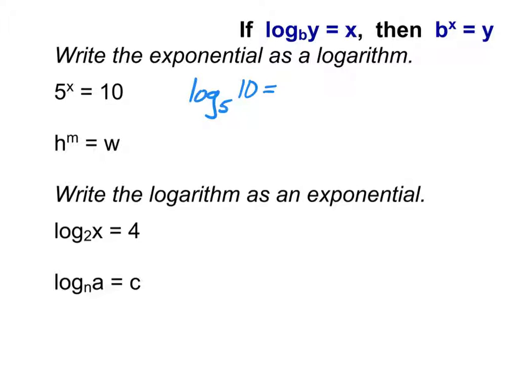So I put in the equals, and then it equals x. So log always equals the exponent. Kind of jumped the gun and mentioned that earlier, but that's how I remember this part, is that log always equals the exponent. And so in this case, my exponent is called x. So this whole log base 5 of 10 is going to equal x.